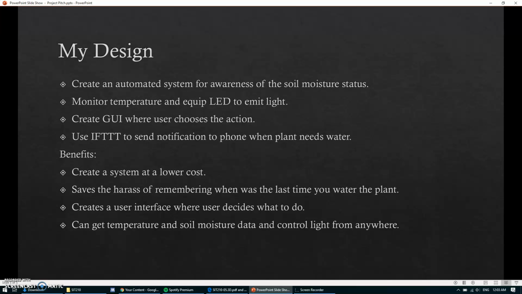I will also make the system send a notification to my phone when the soil moisture goes below the required point. The benefit of my design is that my code is open source and anybody can recreate whatever I created.